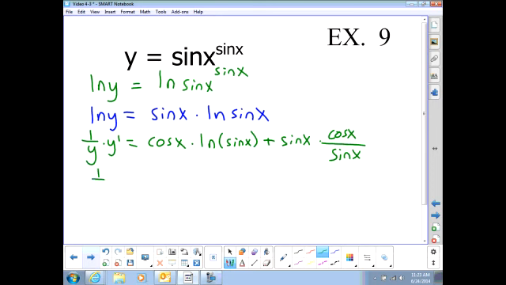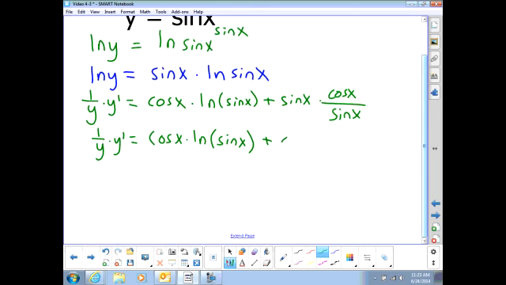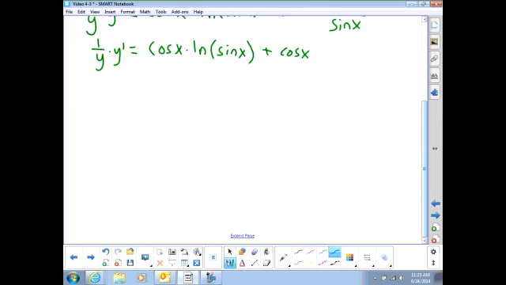We'll neaten up a little. This is 1 over y times y prime would equal cos x times natural log of sine x. Second part, the sine x's cancel out, so you just have cos x. And we'll multiply both sides by y to get y prime by itself.